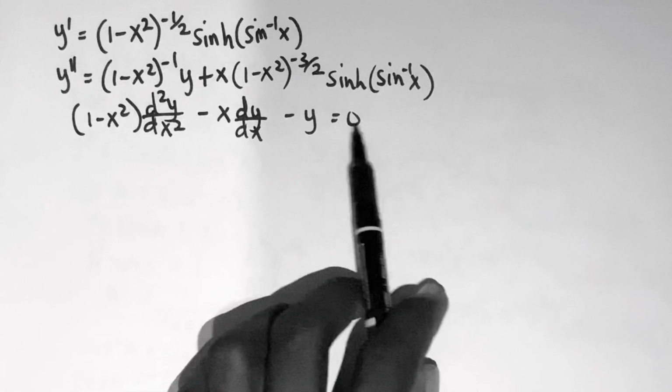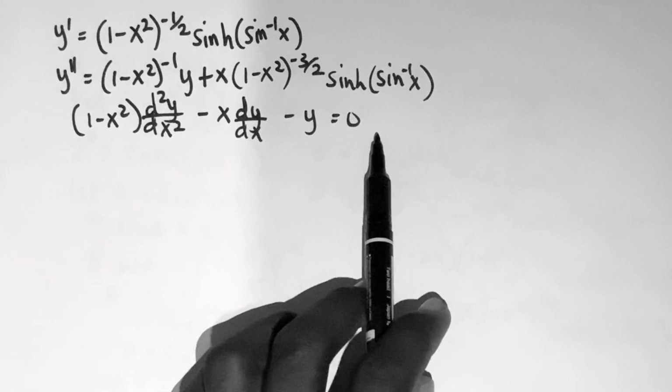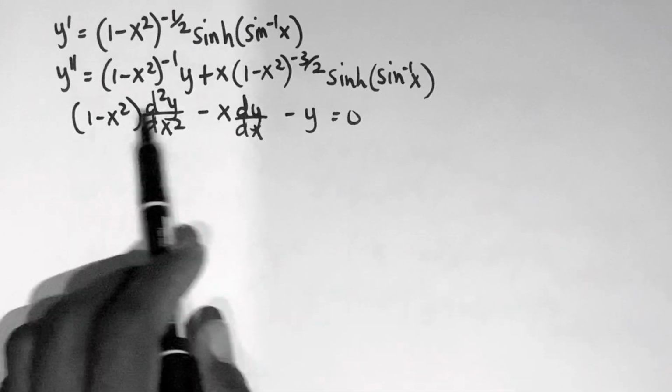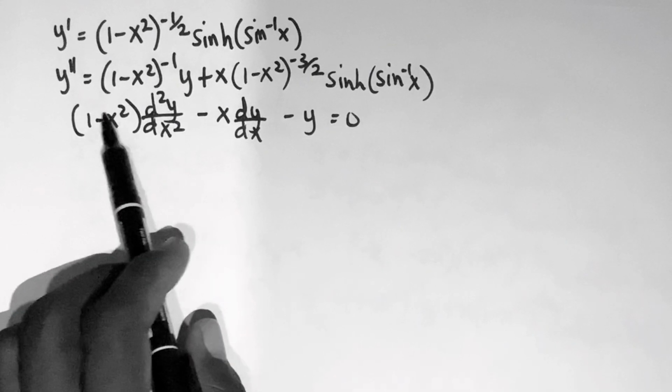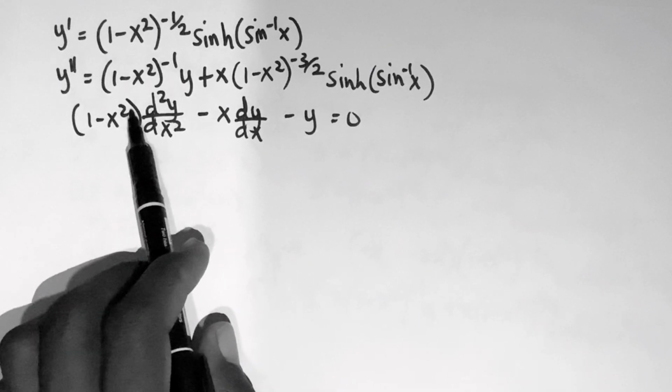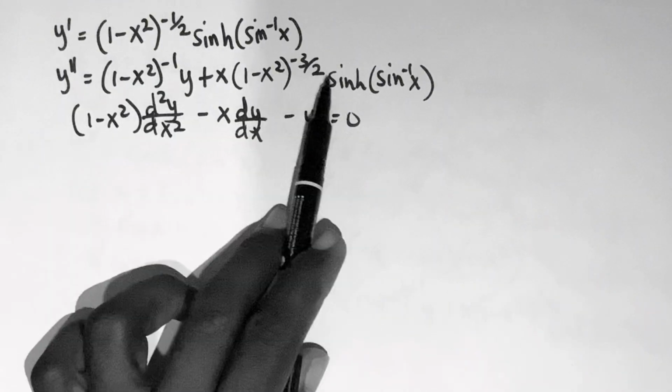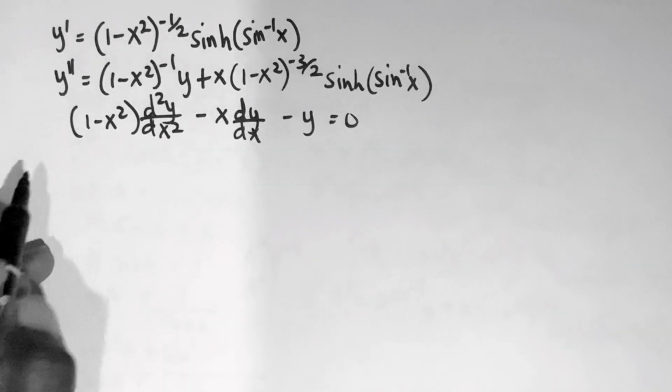But this is the equation that we are supposed to prove. So now, the equation is saying that we should multiply 1 minus x squared by y double prime. That is the second derivative.